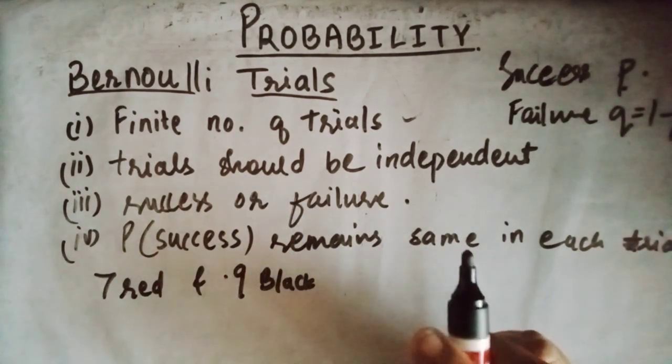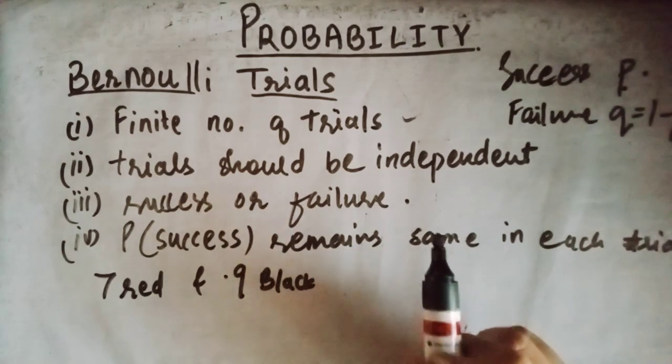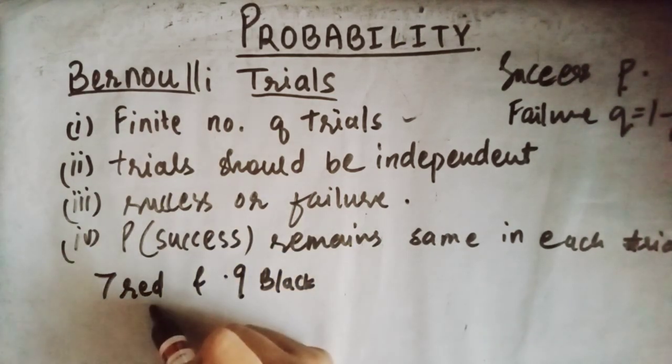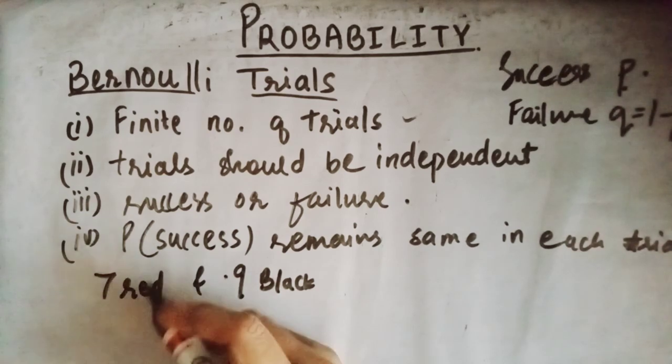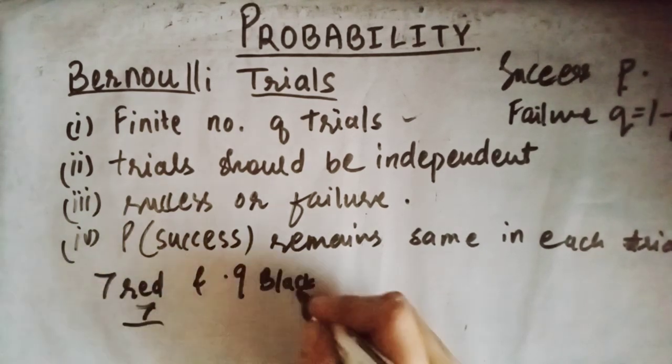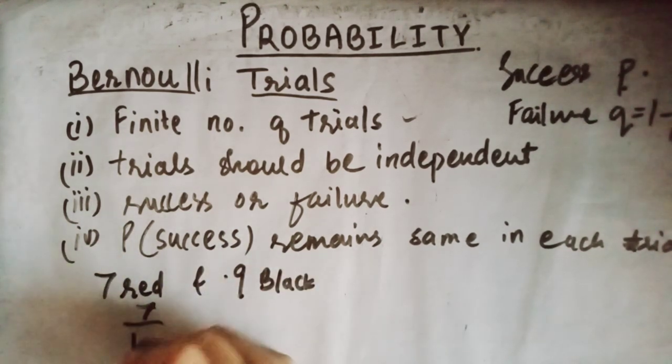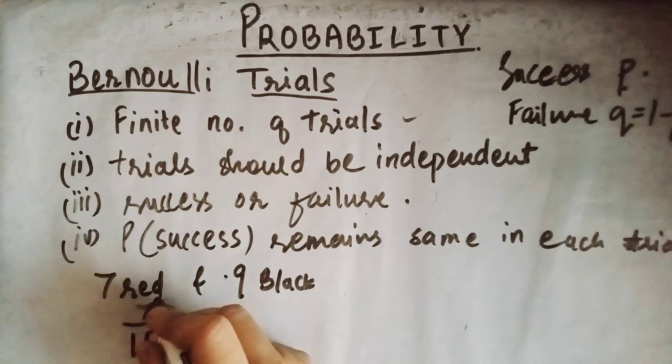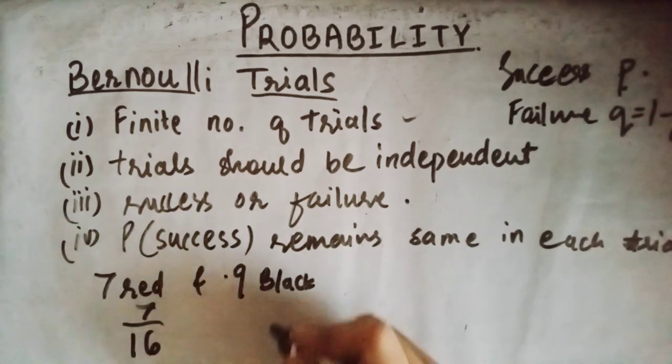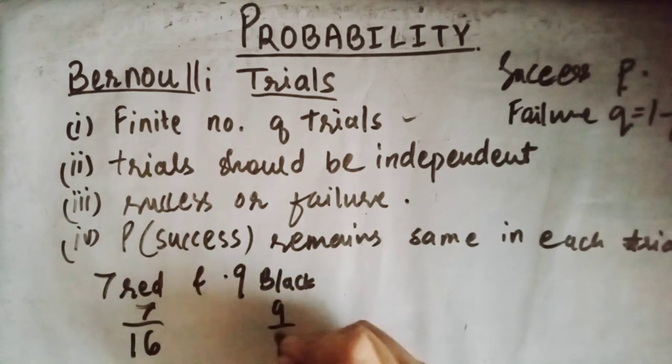So the probability of getting a red ball is 7 by total 16, right? So the probability of getting a red ball is 7 by 16 and the probability of getting a black ball is 9 by 16.